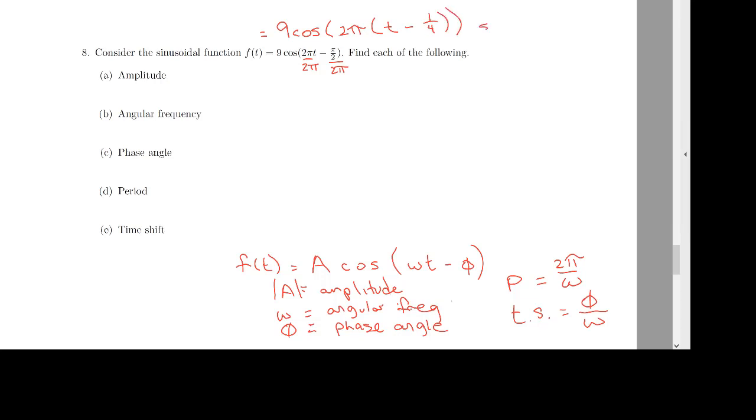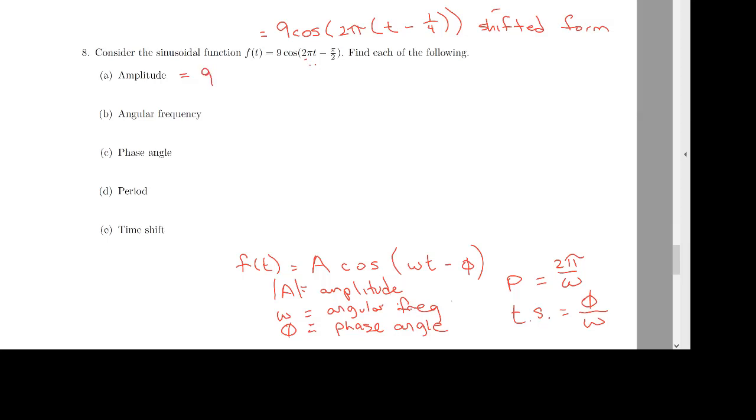This is what we call in math the shifted form. Some things we can find easier from the shifted form, and some things we can find easier from the original equation.